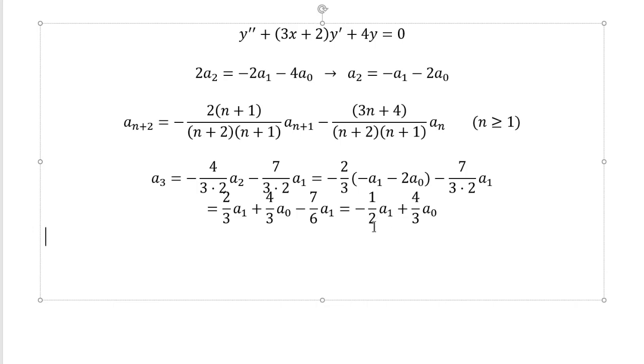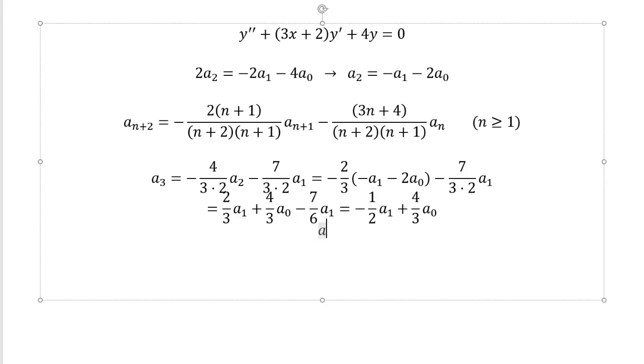And if you have until a4, that's probably what people want, because a lot of times when I put this as a question on the exam, I will say, find the first 5 non-zero terms of the power series solution of this. And because you have a0, a1, a2, a3, a4, giving you the 5 terms, I would terminate at a4. So let's just do one more here.